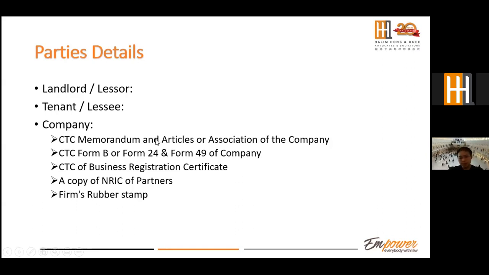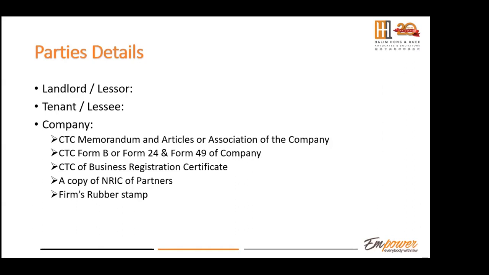So for some of the tenancy or lease agreements, the landlord might require this Form 24. If, let's say, their capital is less than the total rent of the term, then they may require a bank guarantee and all that.